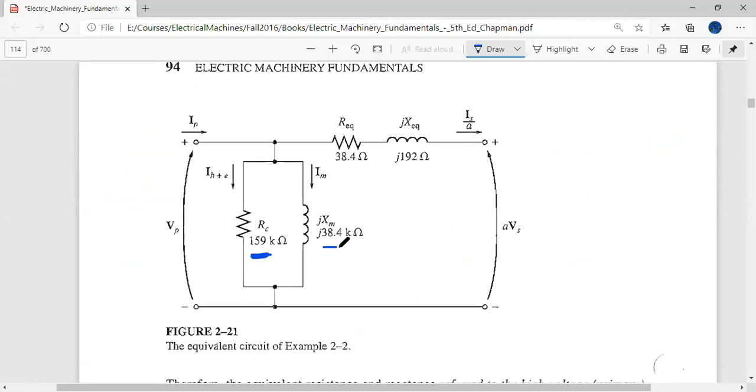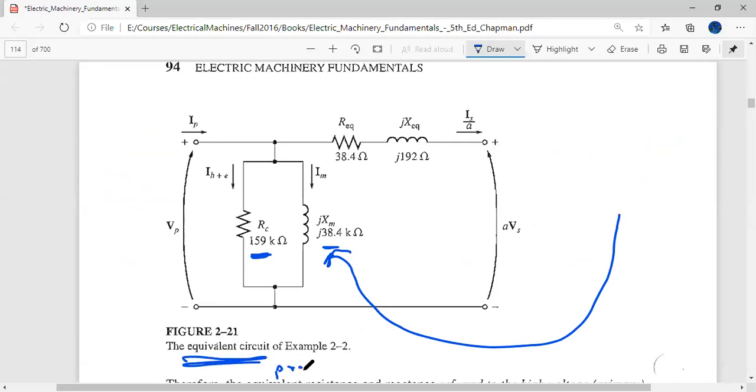So we reflect these two from the secondary side to the primary side because we are making the primary side equivalent circuit. This equivalent circuit is for the primary side, and these parameters were already found on the primary side because the short circuit test was conducted on the high voltage side, which was primary side, and the open circuit test was conducted on the low voltage side, which was the secondary side.